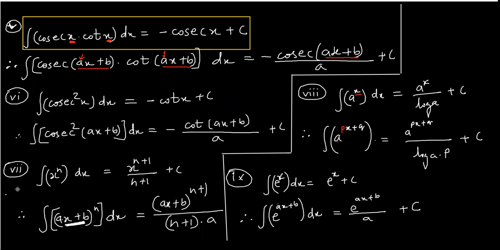Whenever I say list 2 results, I mean all the results where I have replaced x by ax plus b. That is, x has been replaced by a linear algebraic expression in x.